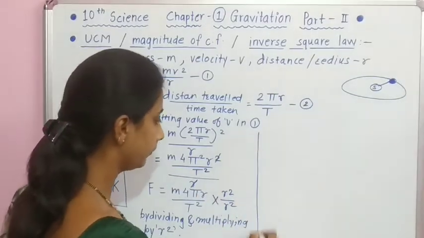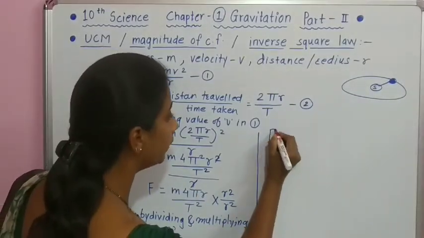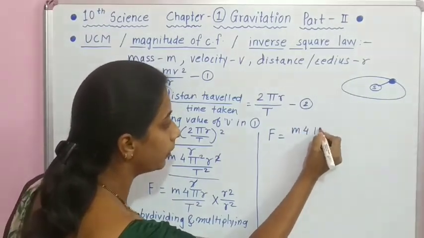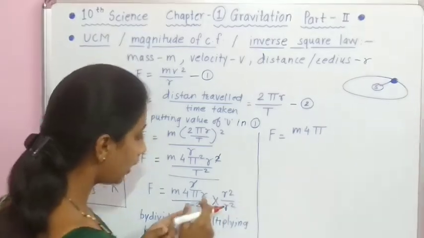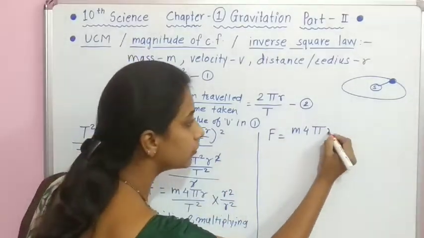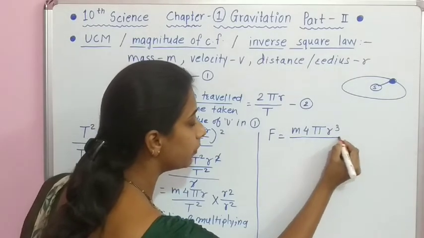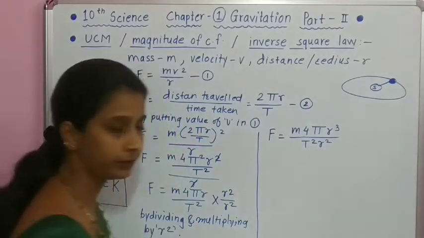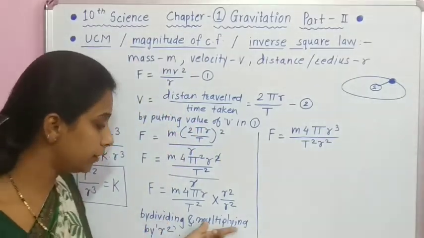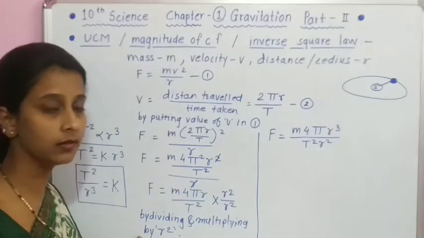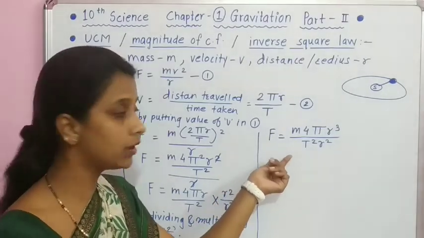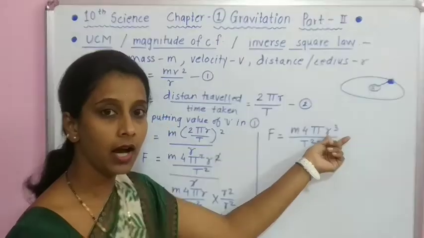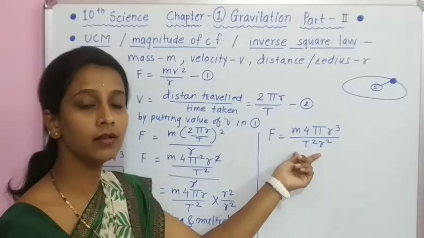So what will we get here? F equals m 4 pi square, r into r square becomes r cube, divided by T square into r square. Okay. So by dividing and multiplying by r square, we get F equals m 4 pi square r cube divided by T square r square.